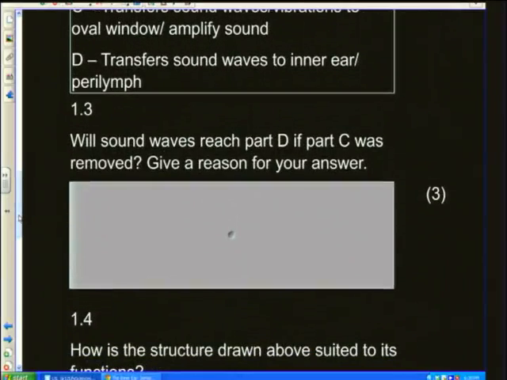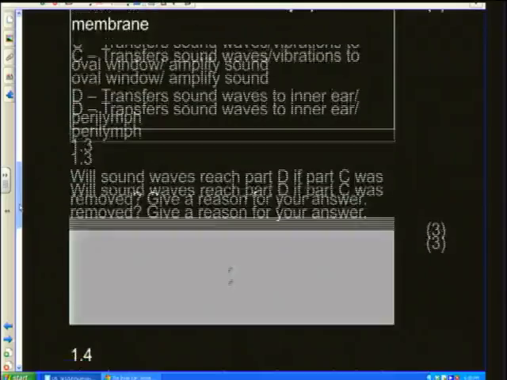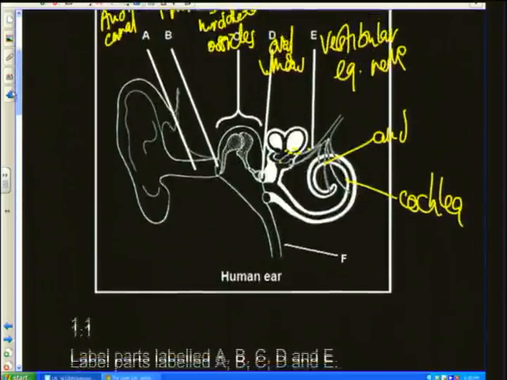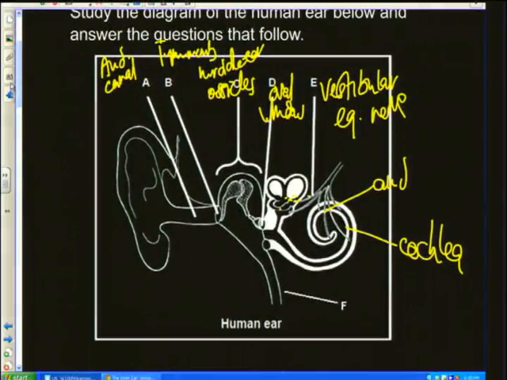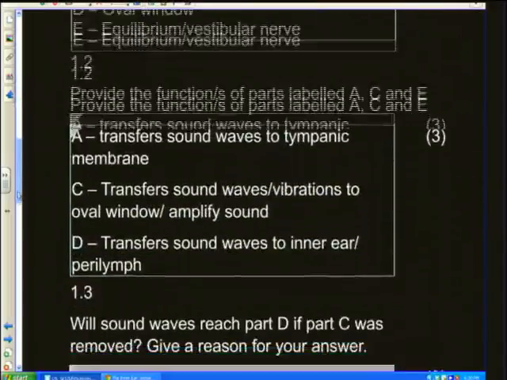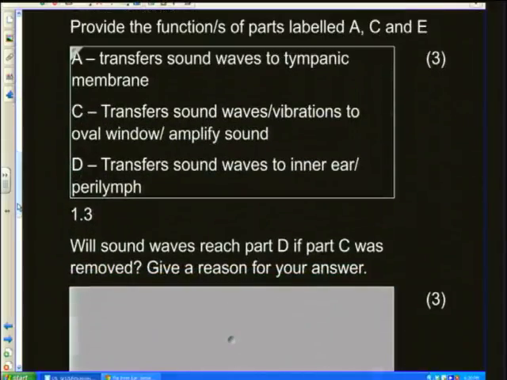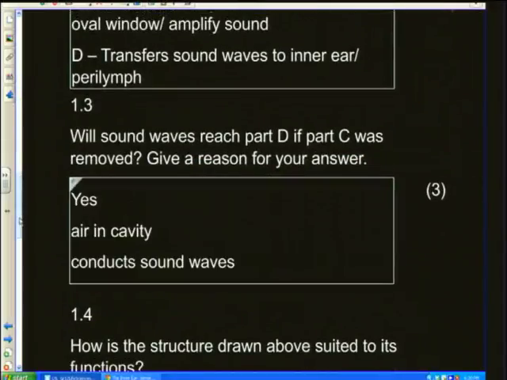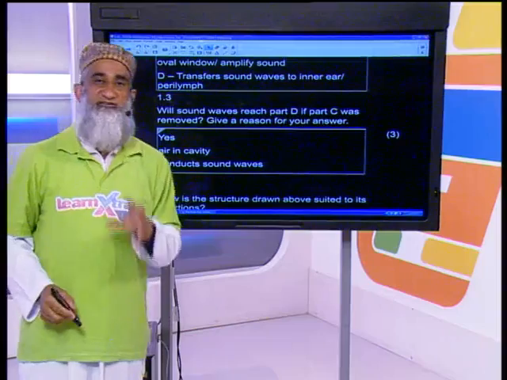Will sound waves reach part D if C was removed? If we remove C, these bones, will the sound reach the oval window? Remember, this is the outer ear, this is the middle ear, and that's the inner ear. Will it reach? The easiest answer to say is no, but the answer is actually yes, because that's an air cavity.